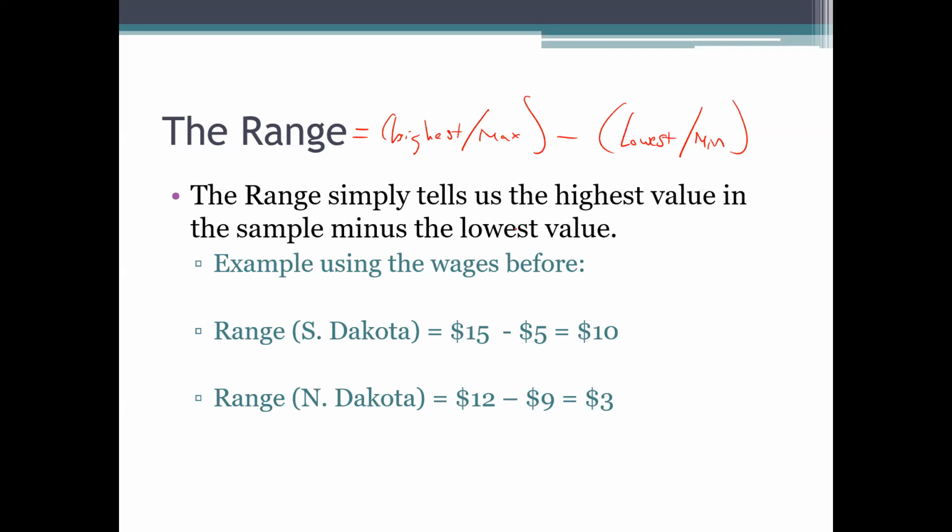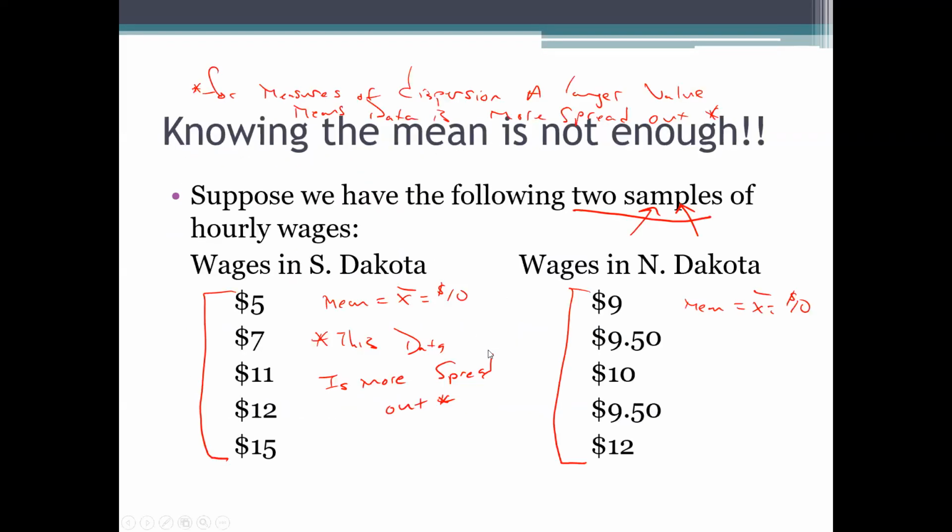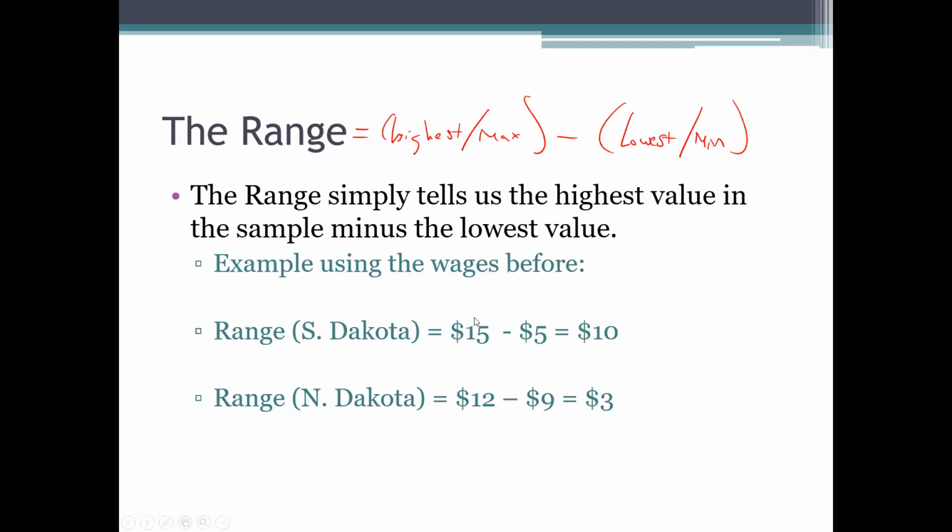So if you look back at the wages here, the max wage in South Dakota is 15, the minimum is 5, in North Dakota it's 12 and 9 correspondingly. So then the range of each: the range in South Dakota is 15 minus 5, which is $10 an hour. And the range in North Dakota is 12 minus 9, which is $3 an hour.